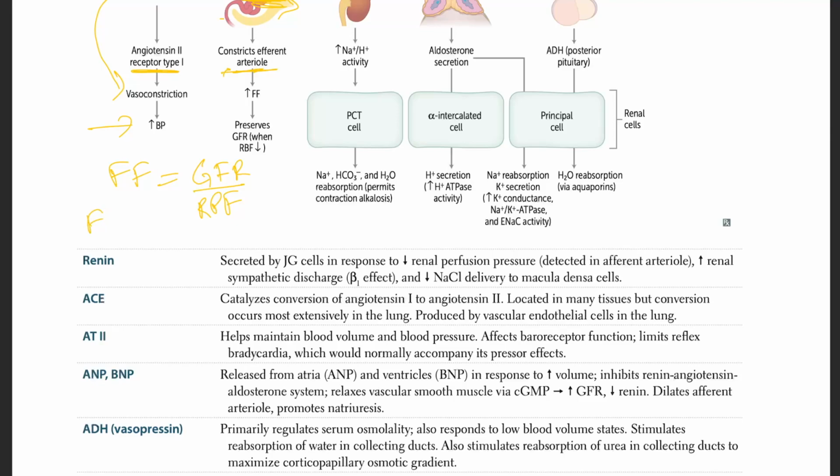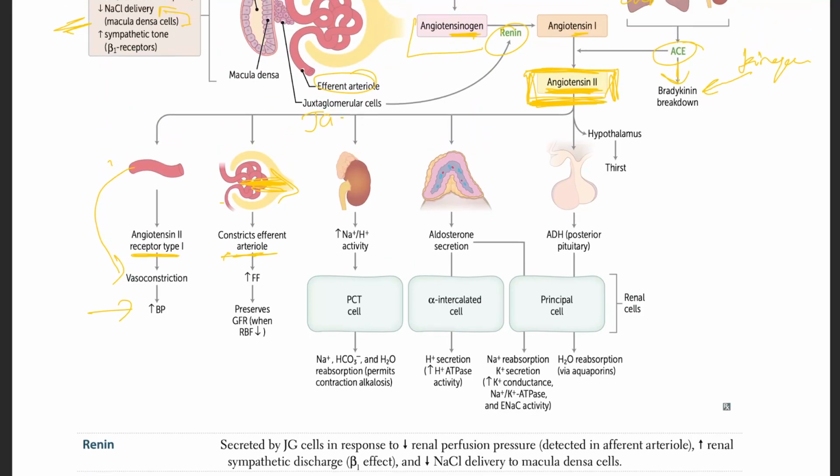So when the filtration fraction increases, GFR increases, or is preserved, either by an increase or it remains constant. It depends upon renal plasma flow, how much decrease we have of that. But the filtration fraction preserves GFR when there's a decrease in renal blood flow. So that's the way it works on the glomerulus.